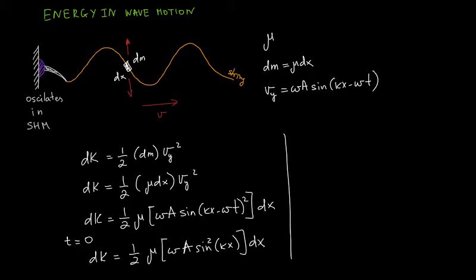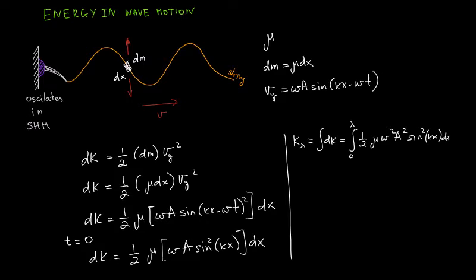So the kinetic energy over the wavelength, that's why I'm writing a lambda here, equals the integral of dK, which equals the integral from 0 to lambda of 1/2 mu omega squared A squared sine squared kx dx.